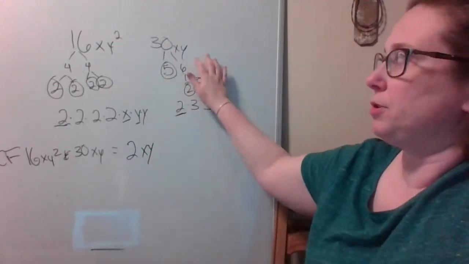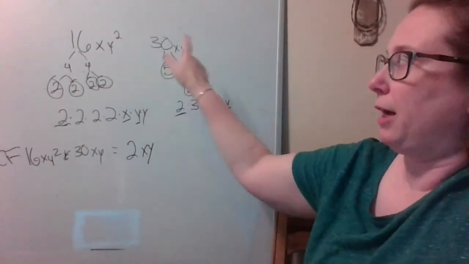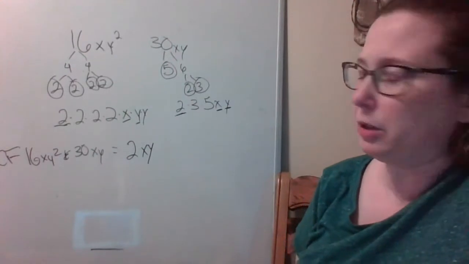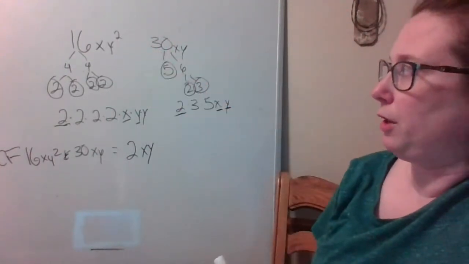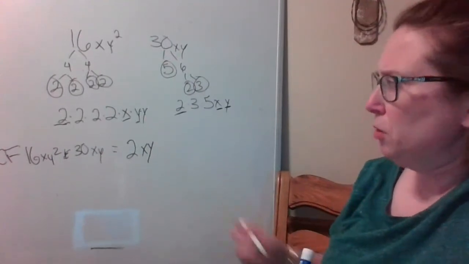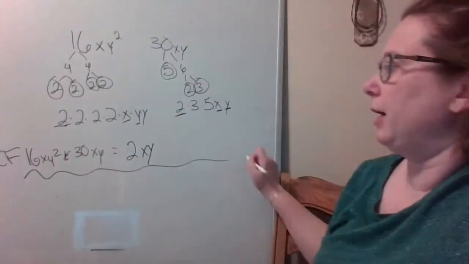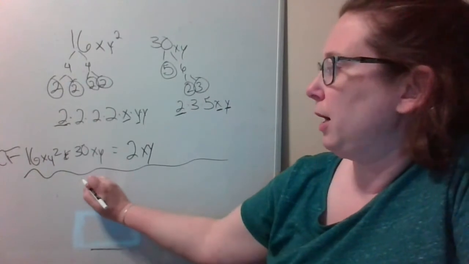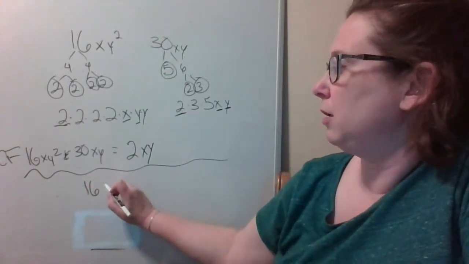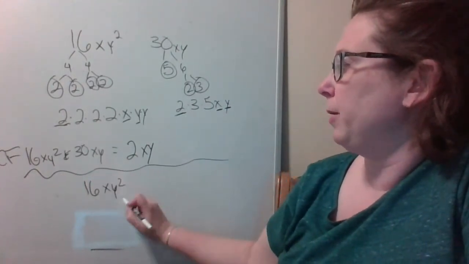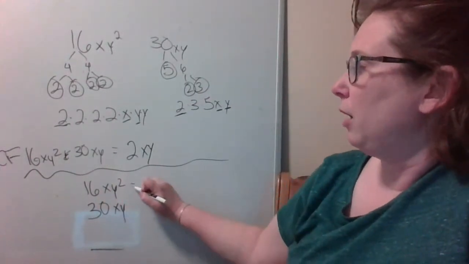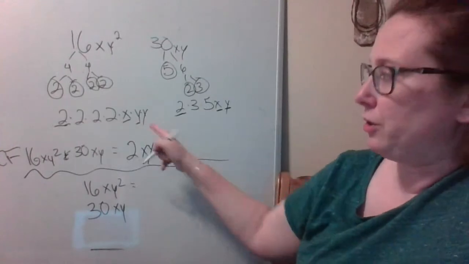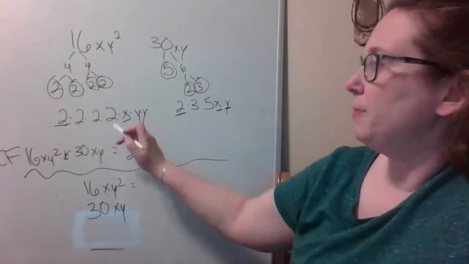Okay, don't forget your variables are there, and you need to be picking out what variables are on both lists as well. The trick, if you're writing these with exponents, let me show you what you do in that case. So say we had our 16xy squared and our 30xy, and we wrote the prime factorization using exponents.